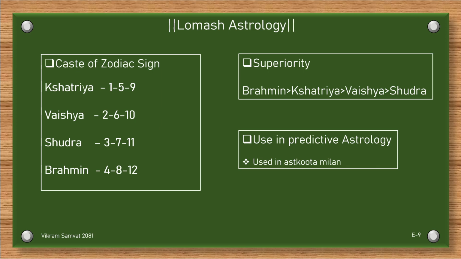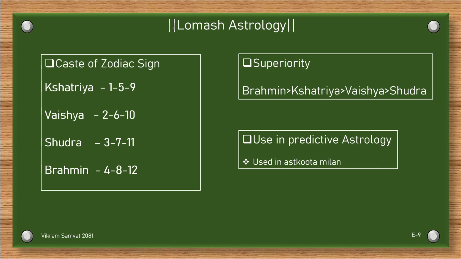Now if you see, Kshatriya is given as 1, 5, 9, meaning Aries, Leo and Sagittarius. Then 2, 6, 10 is Vaishya, 3, 7, 11 is Shudra, and 4, 8, 12 is Brahmin.